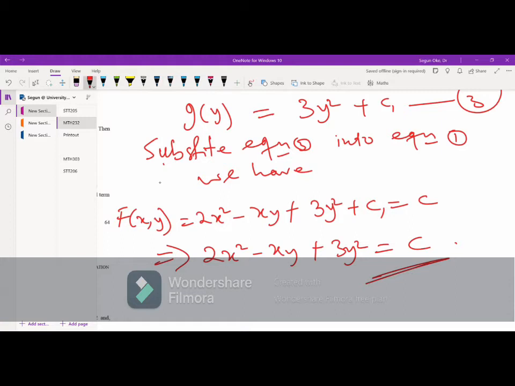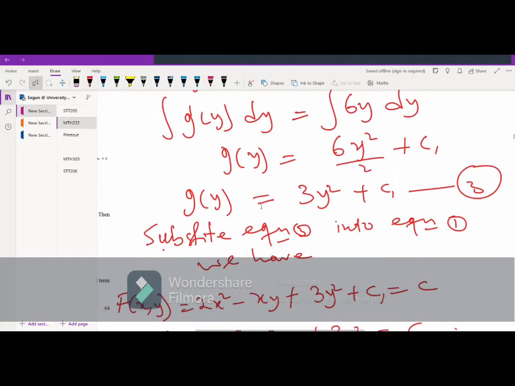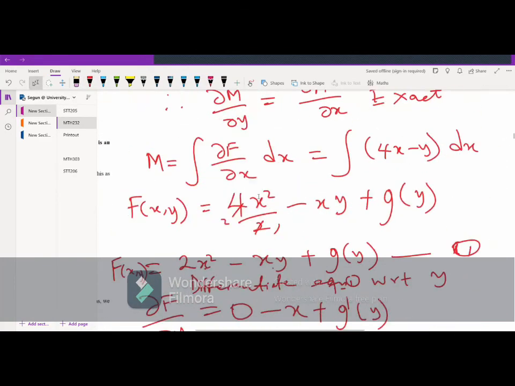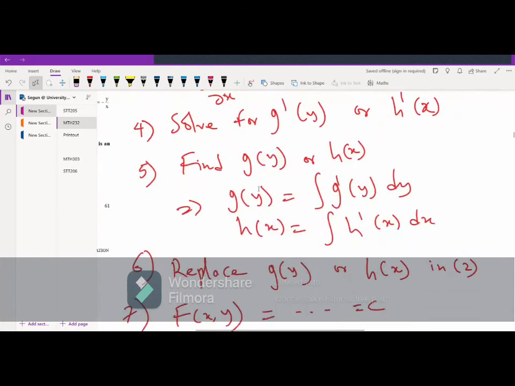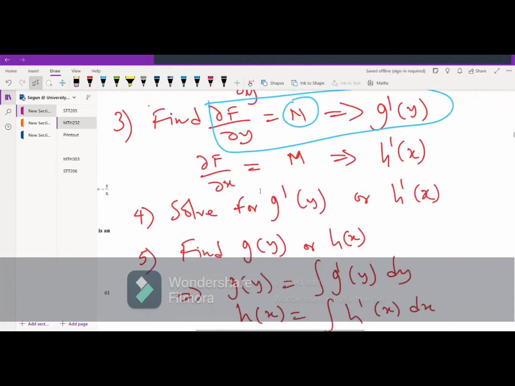Let's go back to our steps. Remember I told you in step 6, let's start from here so that you can relate to what we did now. After we find the exact, we have our g prime or h prime, either of the two. We go for g prime.